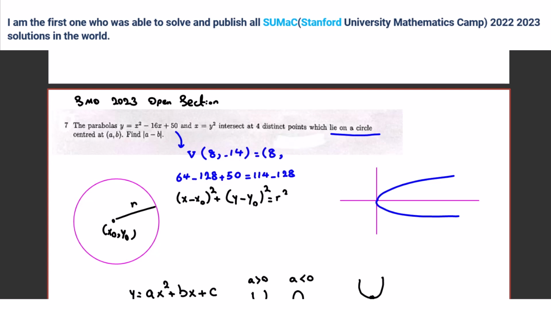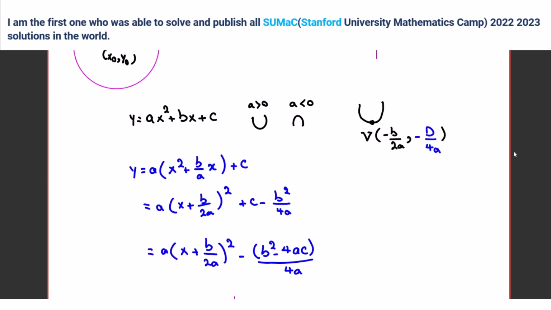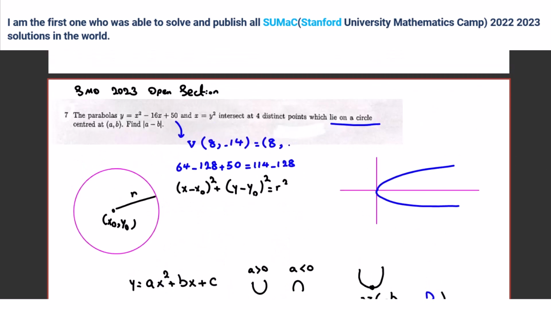And negative delta over 4a, okay? So negative b squared, which is 16 squared, minus 4ac, minus 4 times 50 over 4a, right? Yeah. So it will be 8 and negative 16 squared is 256 minus 200 over 4, 64 minus 50, which is 14, negative 14 again, right?